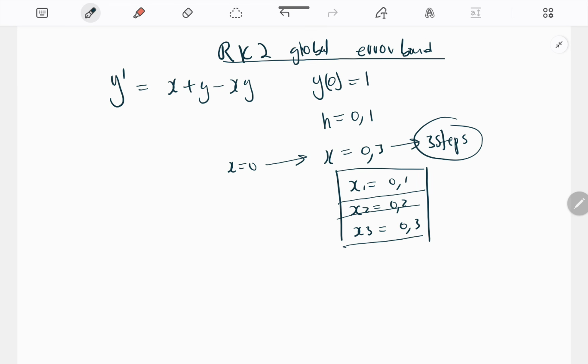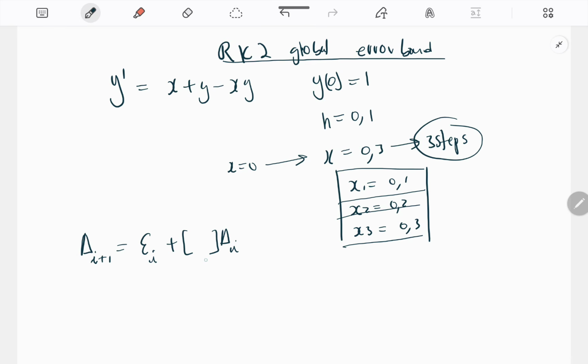And then I did talk about this earlier, that global error at wherever I am is going to equal the error from the previous one. Actually, it's better if I say global error in the next one is going to equal the error at the previous one, plus the global error at the previous one, but multiplied by some factor here.